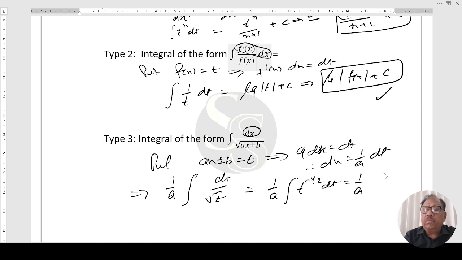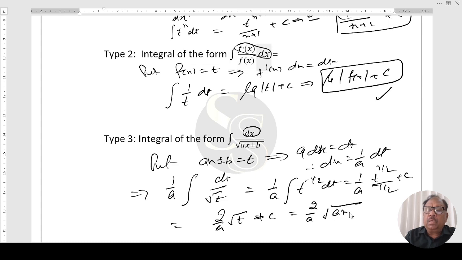Apply power formula, t to the power minus 1 by 2 plus 1, that is half, divided by half plus c. This comes out to be 2 upon a root t. Back substitution, this comes out to 2 upon a under root ax plus minus b.